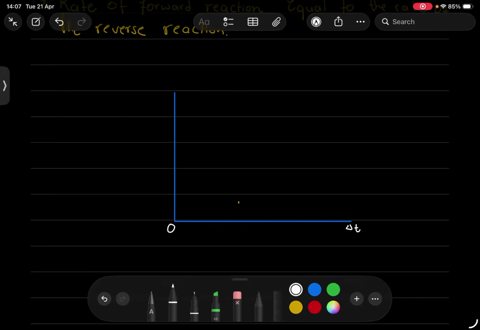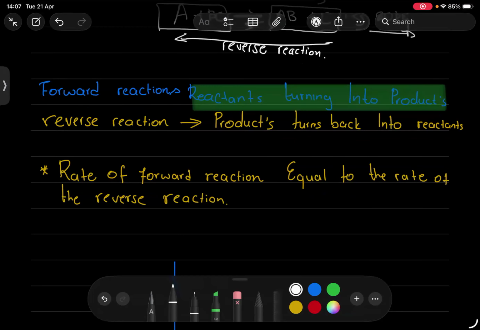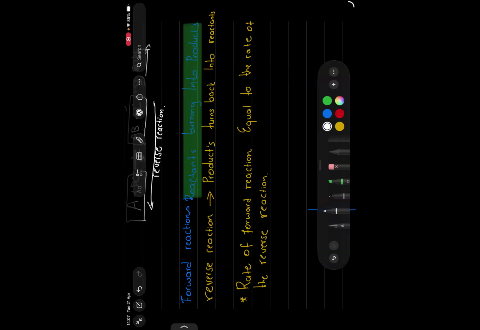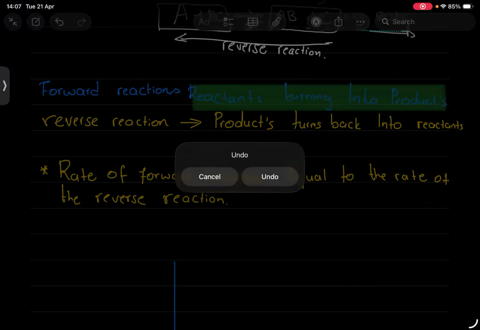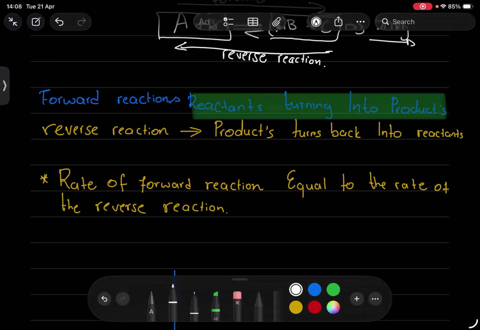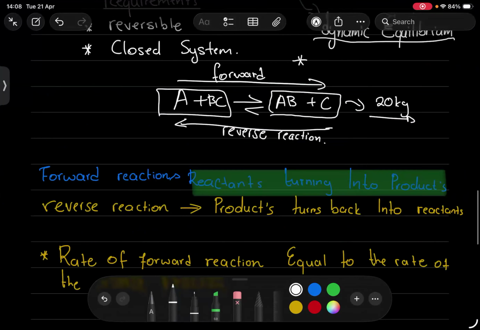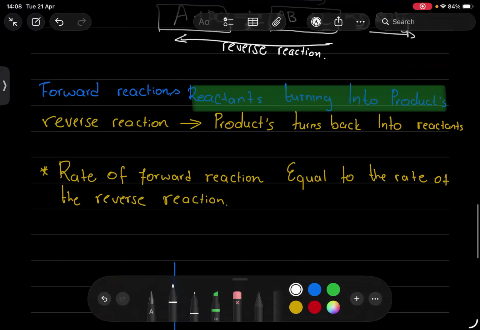Now I want you to keep in mind, before other things, that equilibrium is all about the rate of forward reaction equaling the rate of the reverse reaction. You get it?